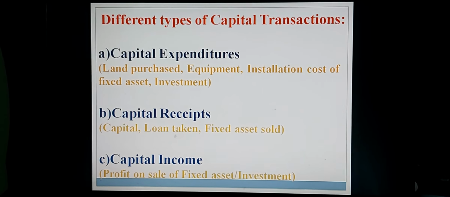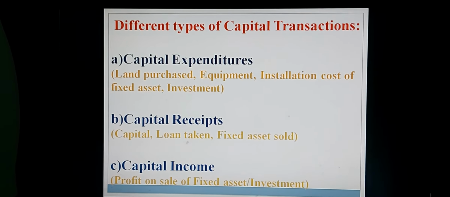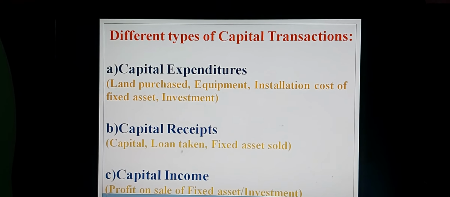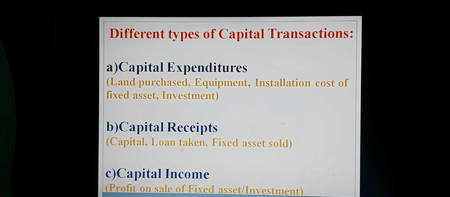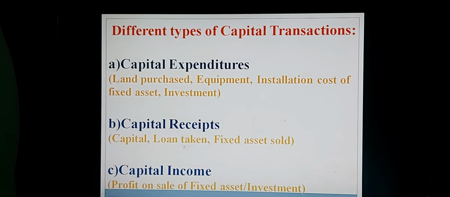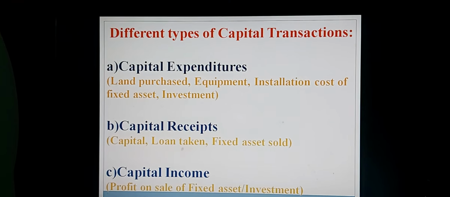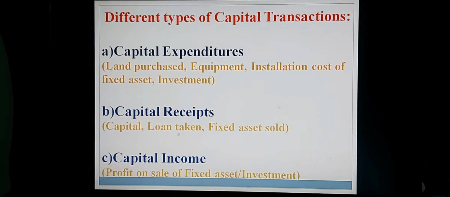Now we can go to the third one, capital income. Capital income does not occur regularly and its examples are not many. Capital income is a part of capital receipt. After using a fixed asset for several years, it may generate some income by selling it.